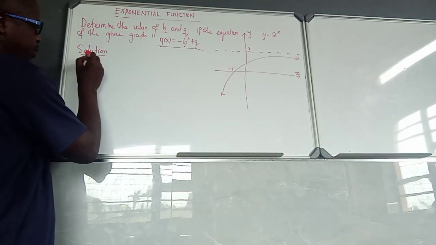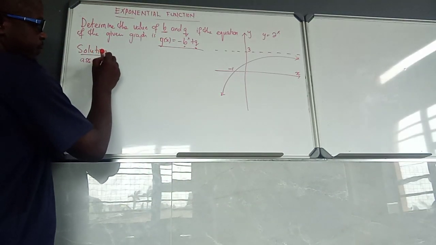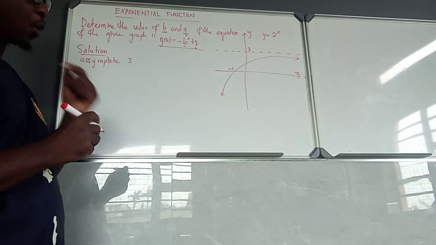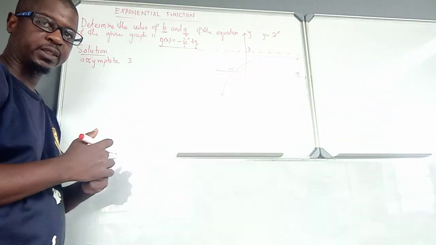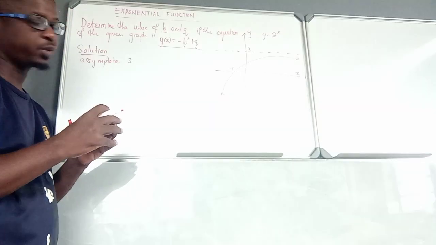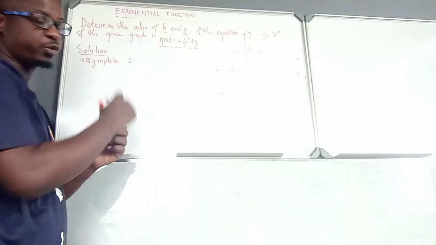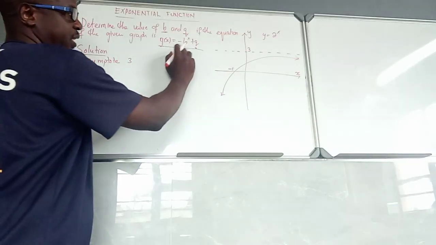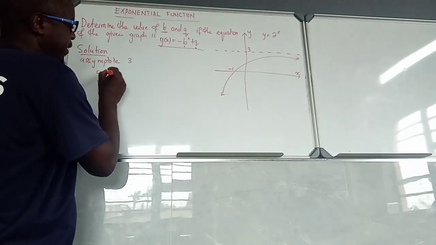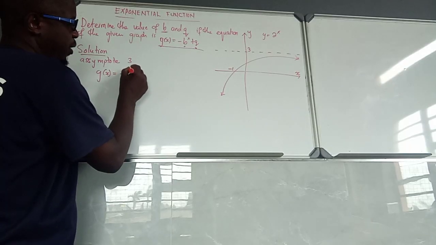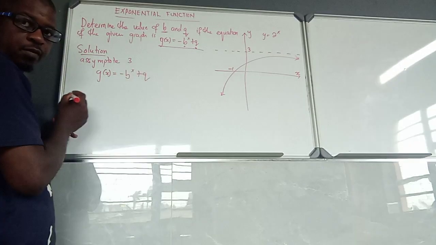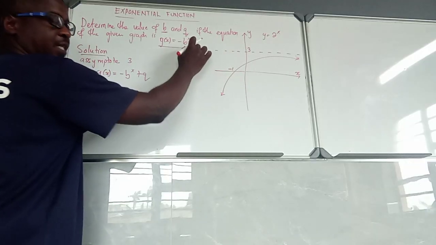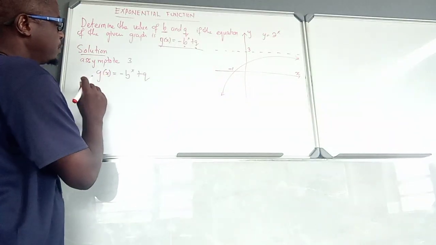So our asymptote is 3. What do we do with the asymptote? We are going to take our asymptote value and place it into our function. So our function is g of x is equal to minus b to the power of x plus q. I'm going to take this value here, 3, and replace it into our function.